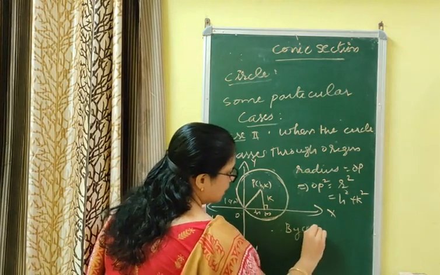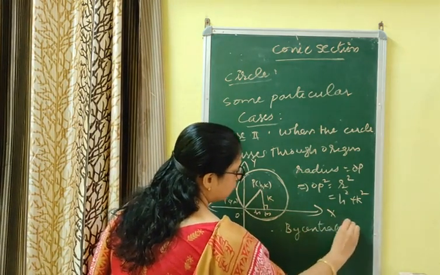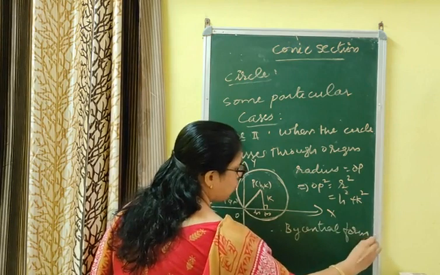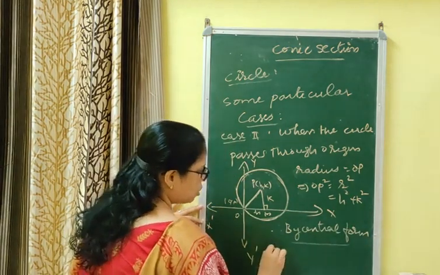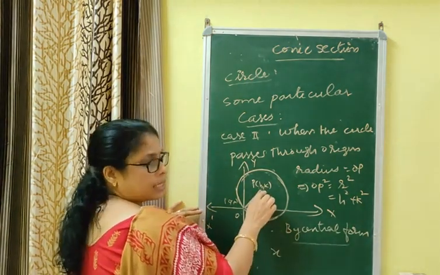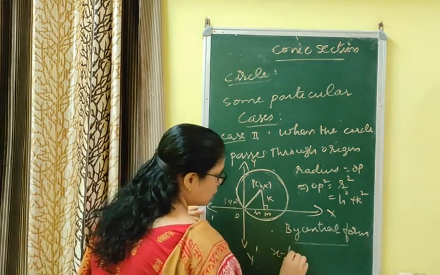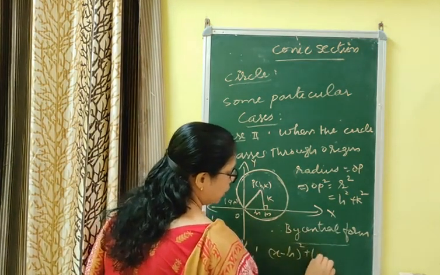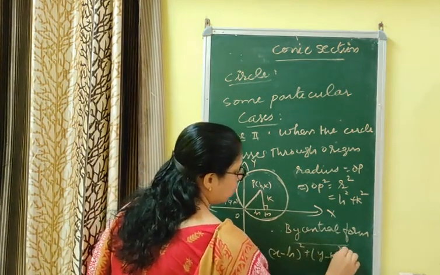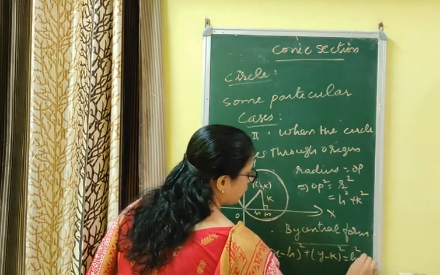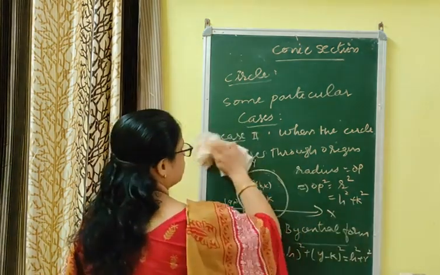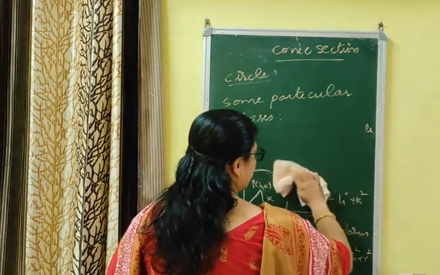Therefore, from the central form of the equation of a circle, the equation of the circle having center at (h, k) and passing through the origin is (x minus h) whole square plus (y minus k) whole square equals h square plus k square. Now simplify it further.